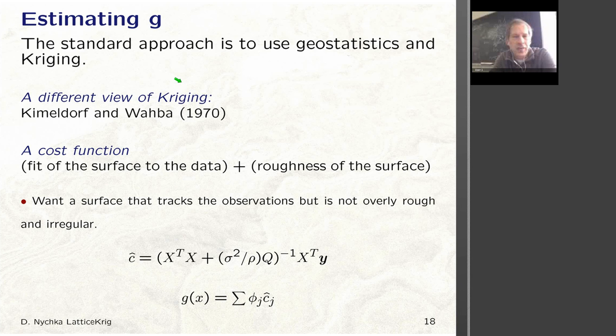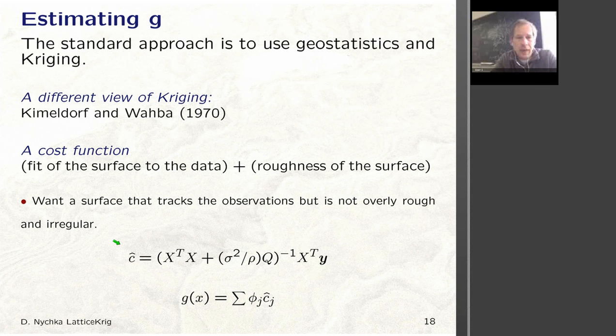We have our Q, which is the inverse of the covariance matrix. We take the inverse of this whole thing, and this gives the estimate of these coefficients if we condition on all the other parameters in a Bayesian model. So it's a very standard way. It would also be what we would be led to if we simply want to do Kriging with this weird model that I'm spinning out.